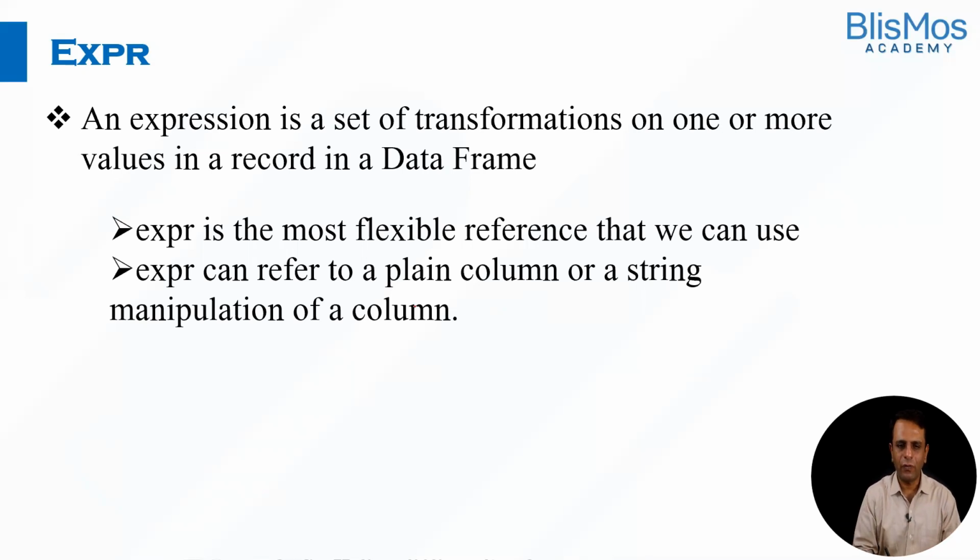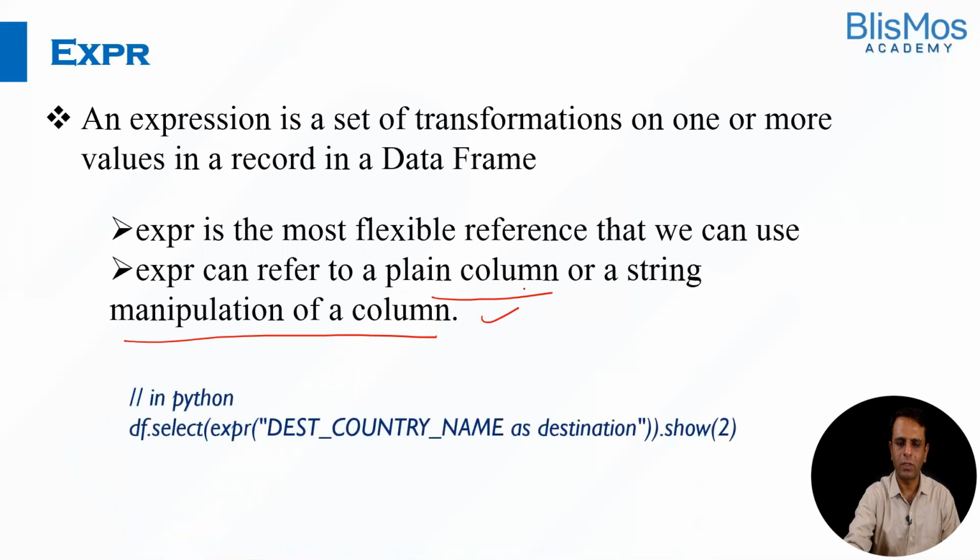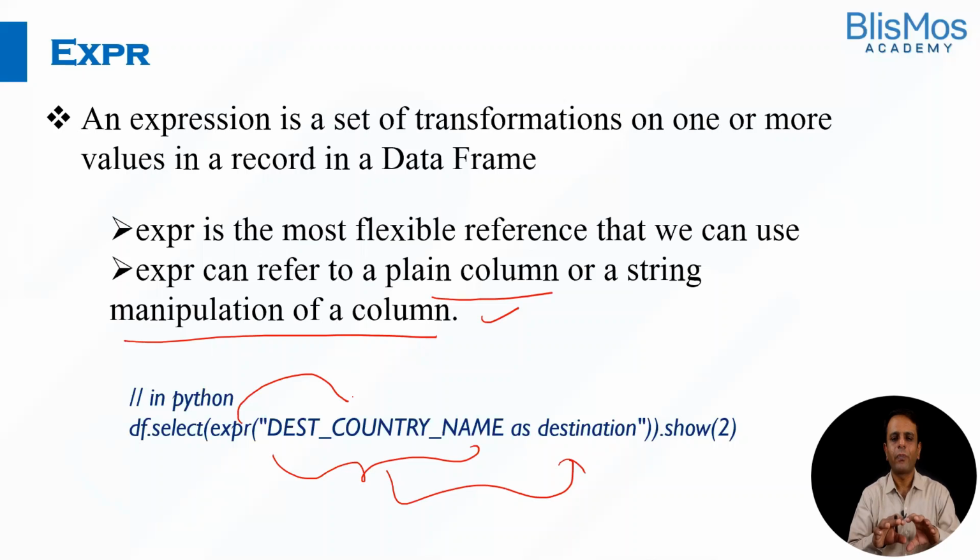Either we can refer to a column or we can also do a string manipulation of a column. What does it mean? See, here as a part of the expression, what we are trying to do is a string manipulation. For example, we are trying to rename this column as destination. We are trying a string manipulation of a column.